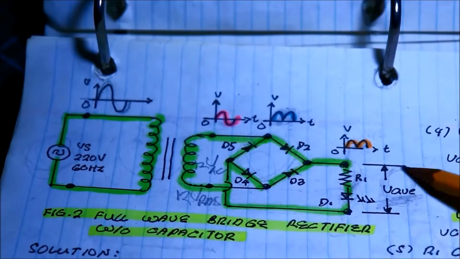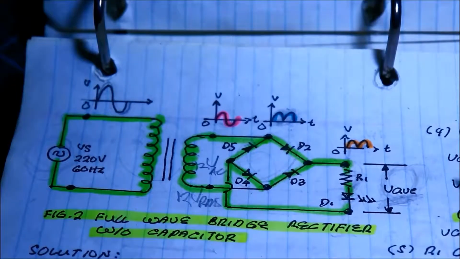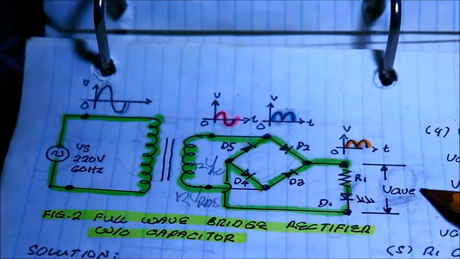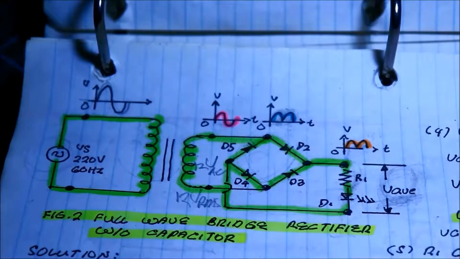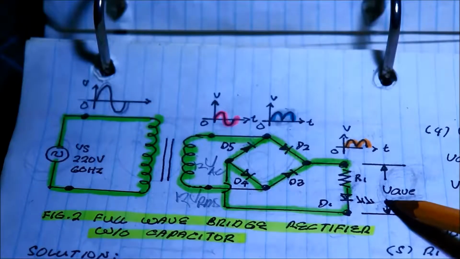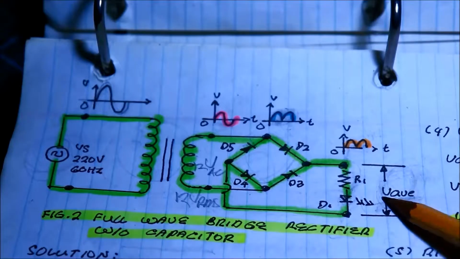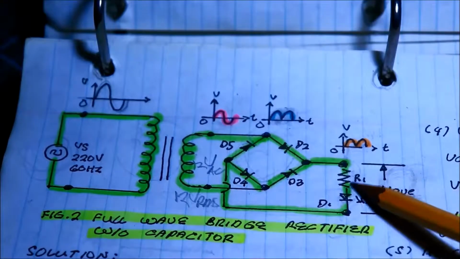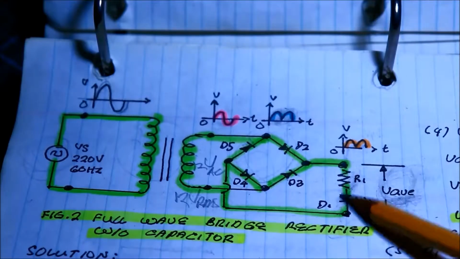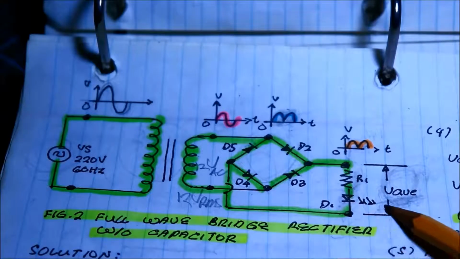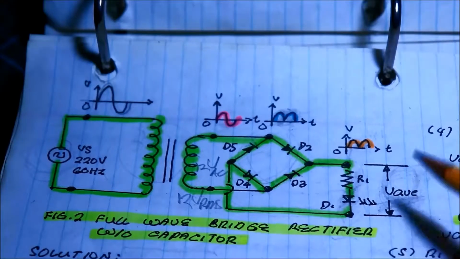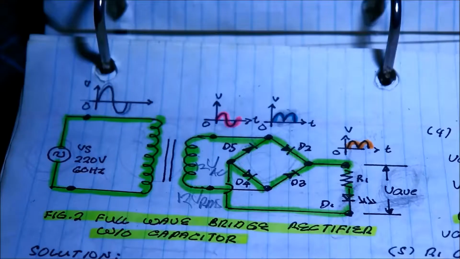That is our priority, the most important problem we're going to solve: voltage average, the equivalent DC at the load, and the DC current at the load. Let us now proceed to the computation.